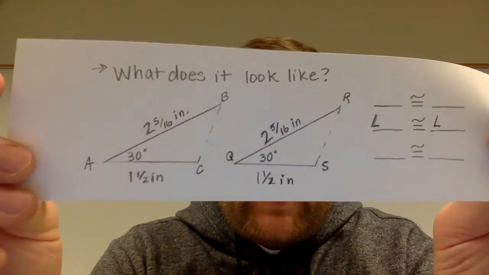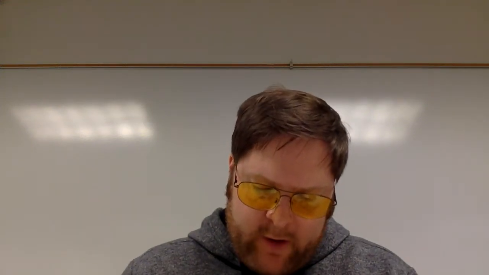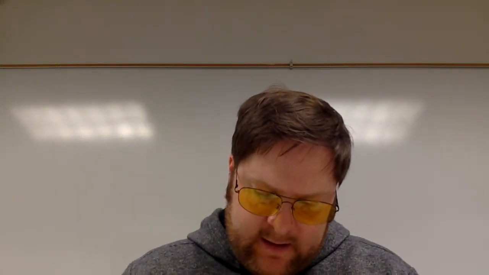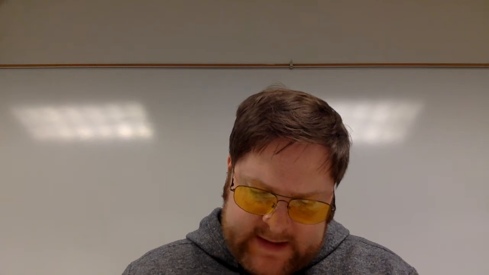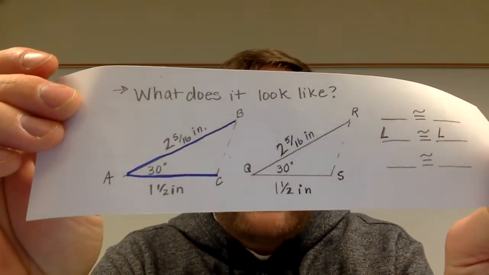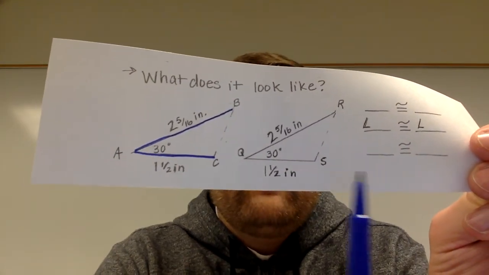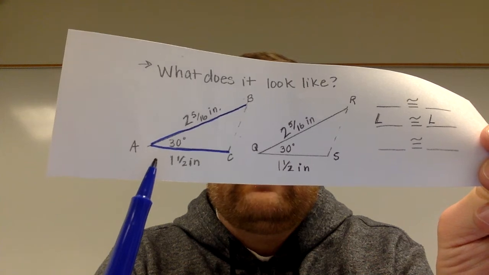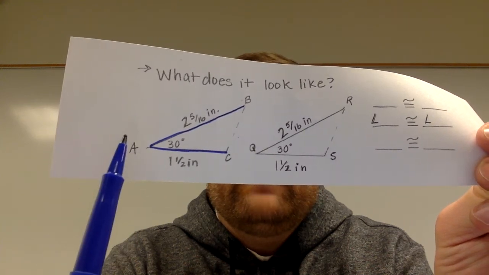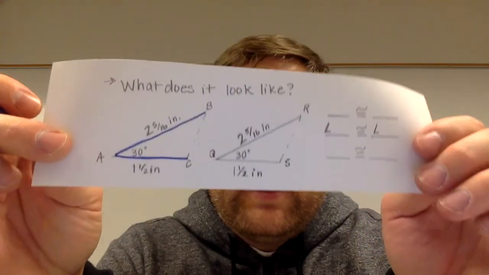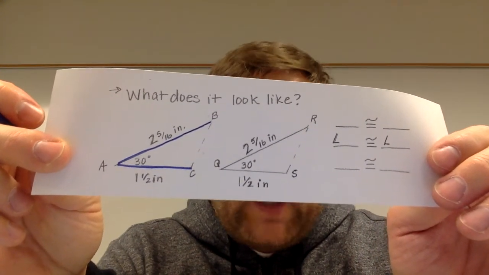So looking at this triangle over here, I'm going to highlight the side, the angle, and the side that we're focusing in on. Notice how the letter A in side angle side falls in between the two sides. That's why we call it side angle side, because the angle has to be between the two sides we're focusing in on.